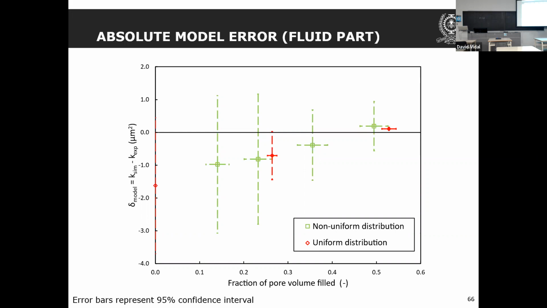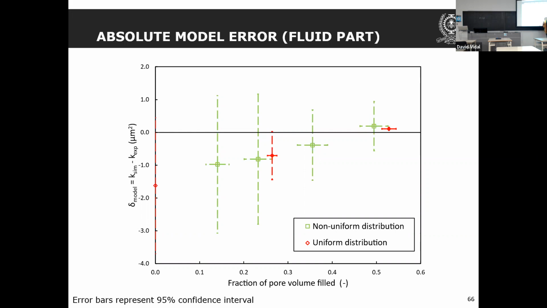Here, what we see is that all the data points are not on the 0 line. They are actually kind of following a trend. But the uncertainty due to the numerical scheme, to the experimental data, and to the input data is very large, because permeability is a very sensitive material property.